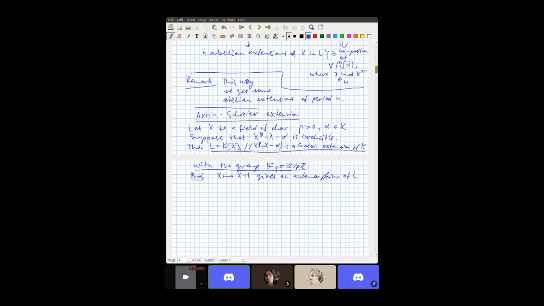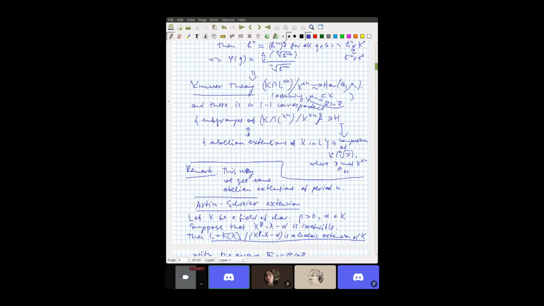So this gives another source of examples. You see that so far we only get extensions, and of course we can take several. So maybe I should formulate some kind of Galois correspondence like here.